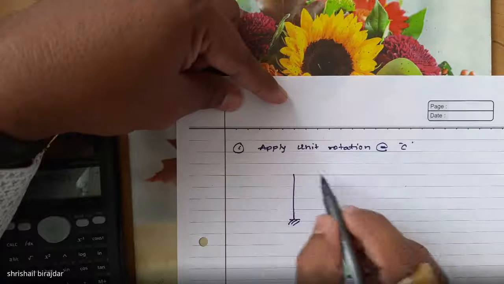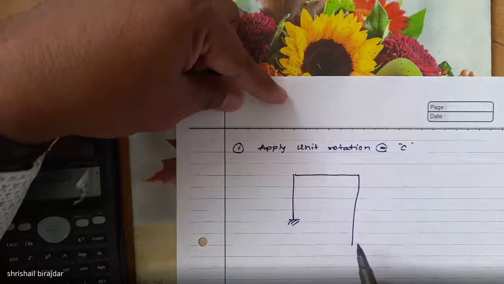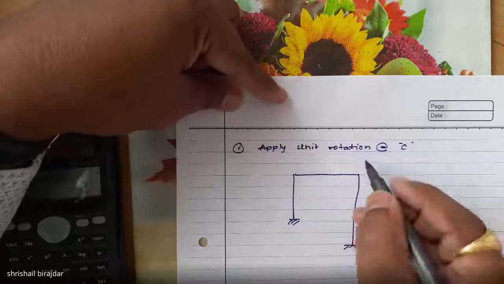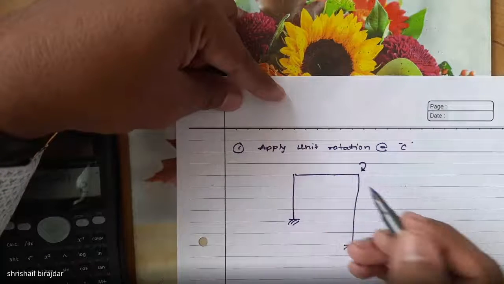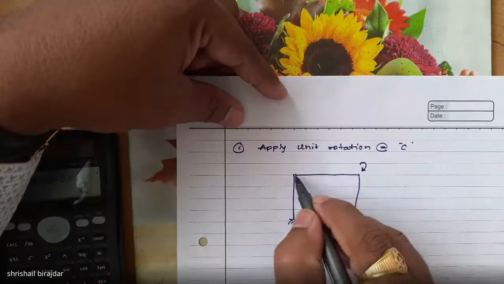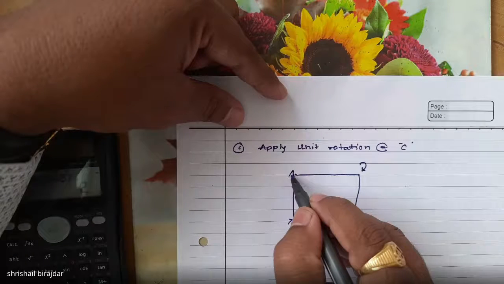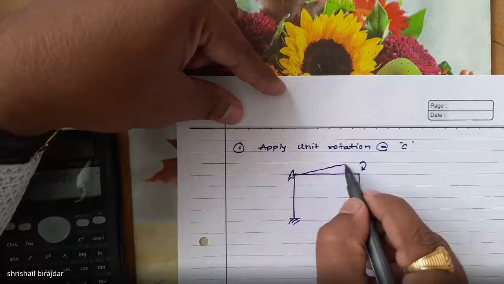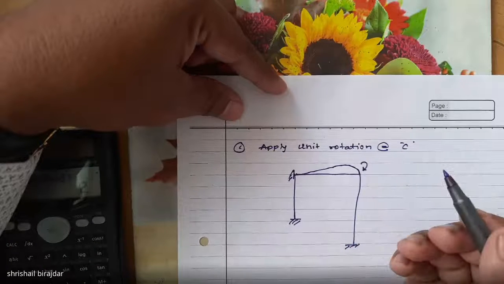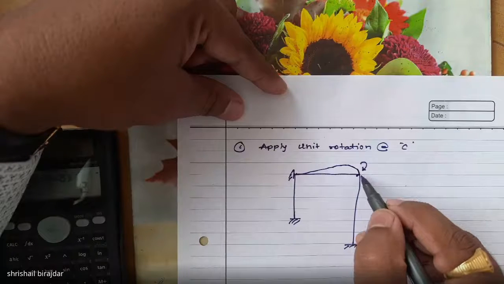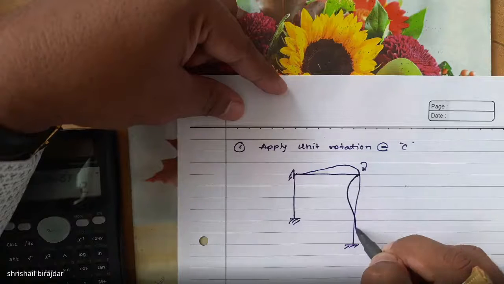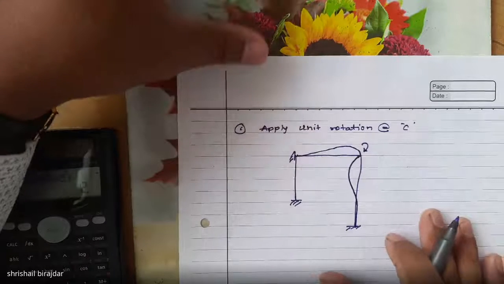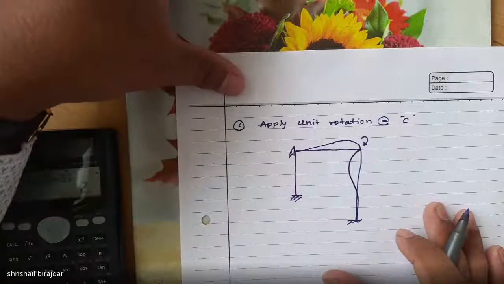Once again, you have to draw the portal frame. Okay, I am applying unit rotation here. With the help of unit rotation, we'll get this type of bending profile of this particular frame, and this way it is deflected. Okay, this is the deflected profile of your portal frame.